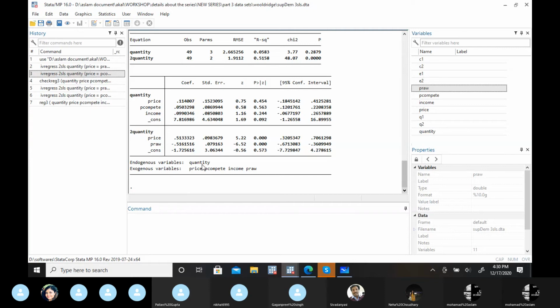The endogenous variable, oh yes, in this case we made this mistake.